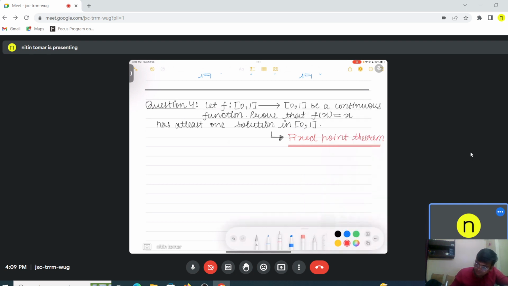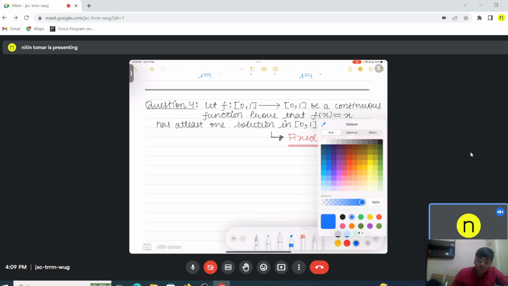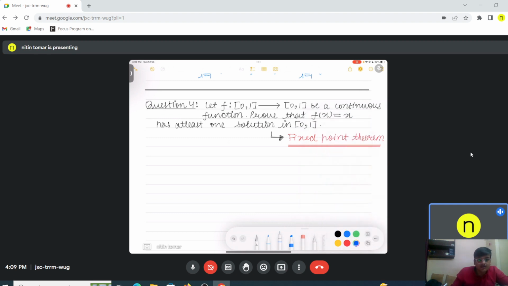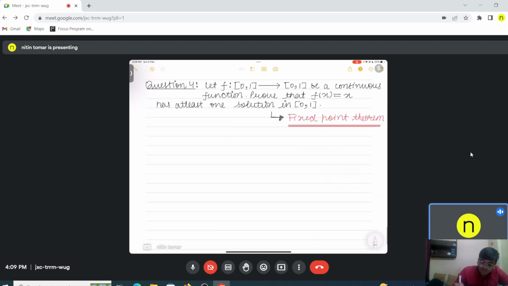Okay, so do you have any idea how to prove this? This is one interesting problem, right? So do you have any idea how to prove? Okay, I will give you one hint.